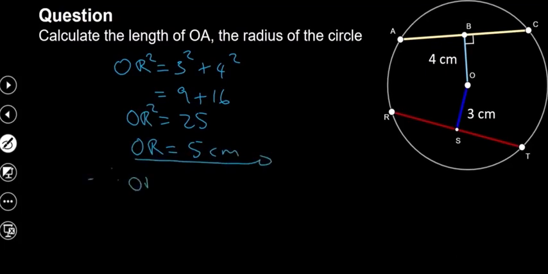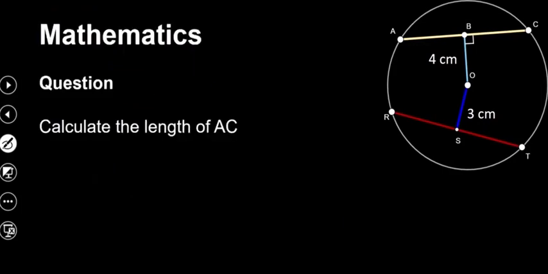Therefore, OR is equal to OA is equal to 5 centimeters. Reason, radii. Please, you don't make claims and not give me reasons for them. Then I will just quickly make it incorrect, because we don't make baseless accusations in math.